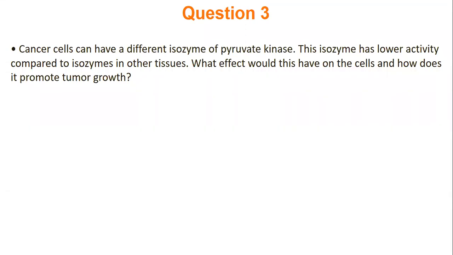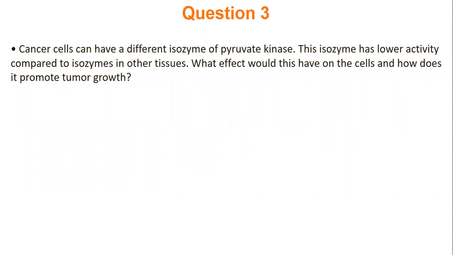So if it's inhibiting a checkpoint by having lower activity, would growth go unchecked? I don't know if it's so much that growth will go unchecked because you are inhibiting.